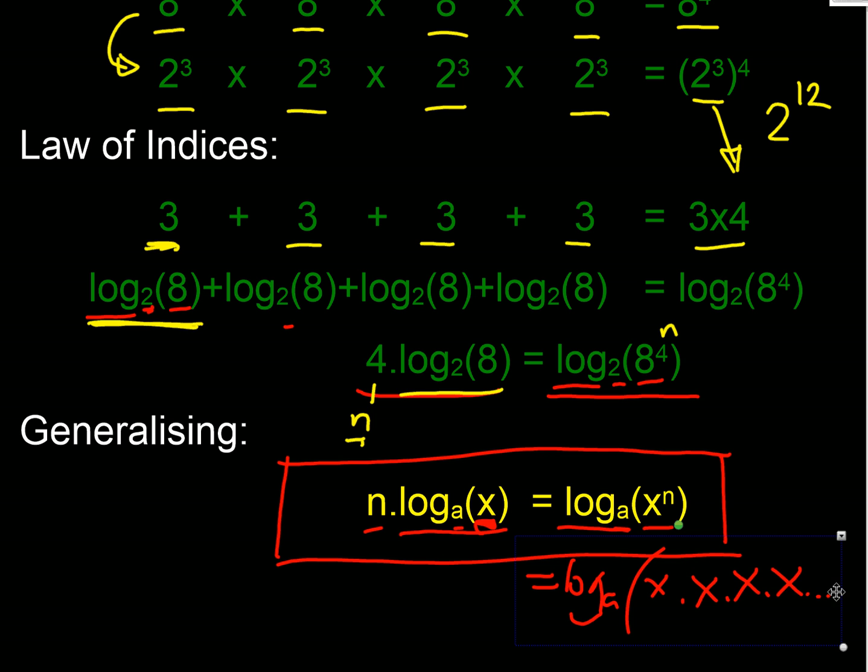And we can replace each one of these with a separate log, can't we? Because it's multiplication, then we can just treat that as addition of the logs. Multiplication inside becomes addition outside, doesn't it?